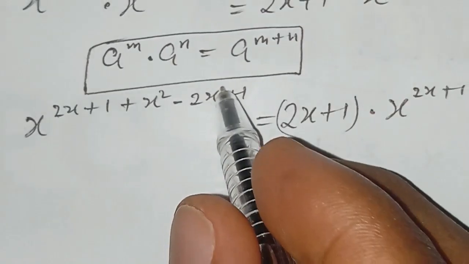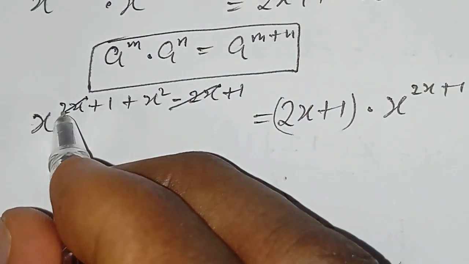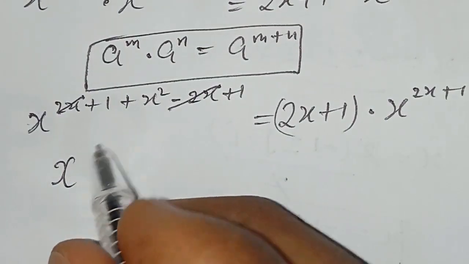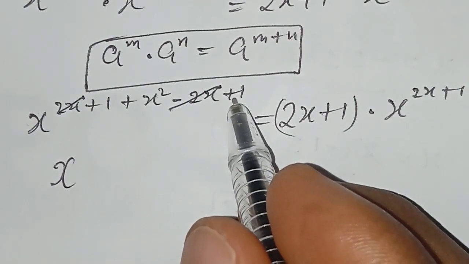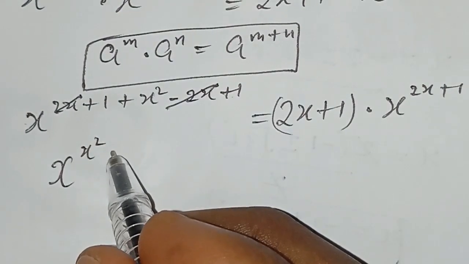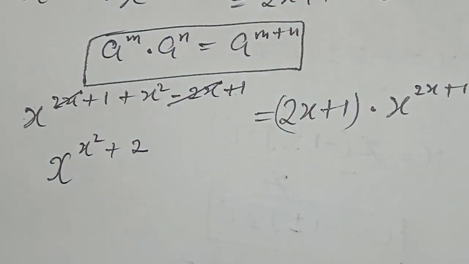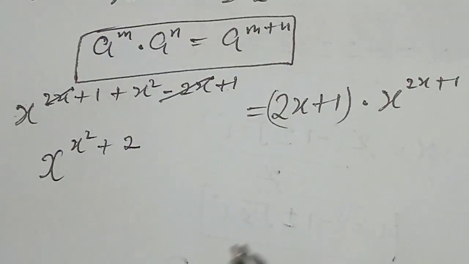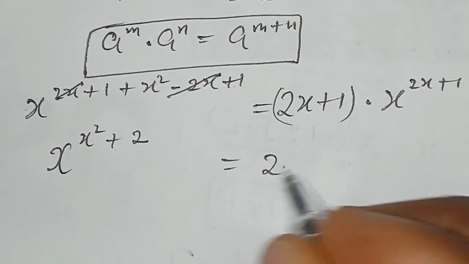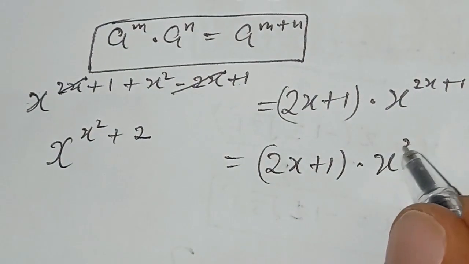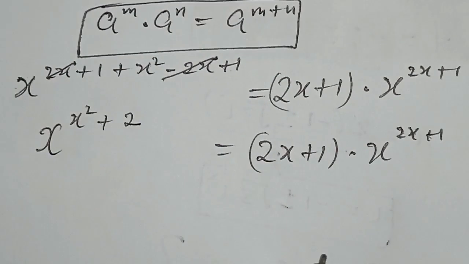So from here, this cancels out with this. We're now left with x to the power of 1 plus 1 equals 2, and then we have x squared plus 2, which is equal to 2x plus 1 multiplied by x to the power of 2x plus 1.